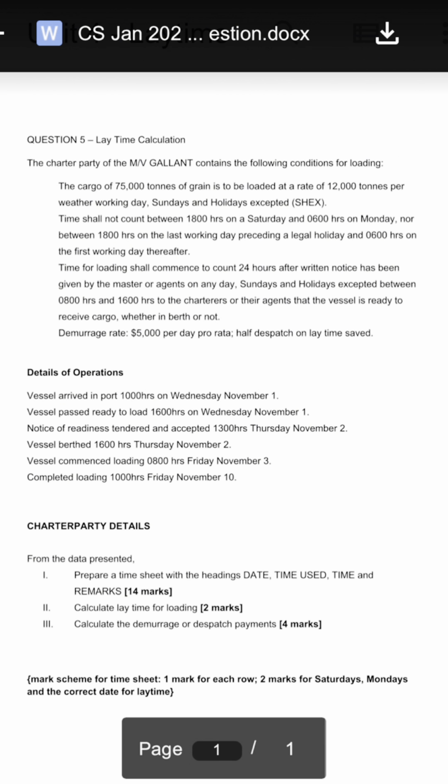So time shall not count between 6 p.m. on a Saturday until 6 a.m. on Monday. So we will close off operations at 6 p.m. on Saturday evening, and we reopen business 6 a.m. Monday morning.